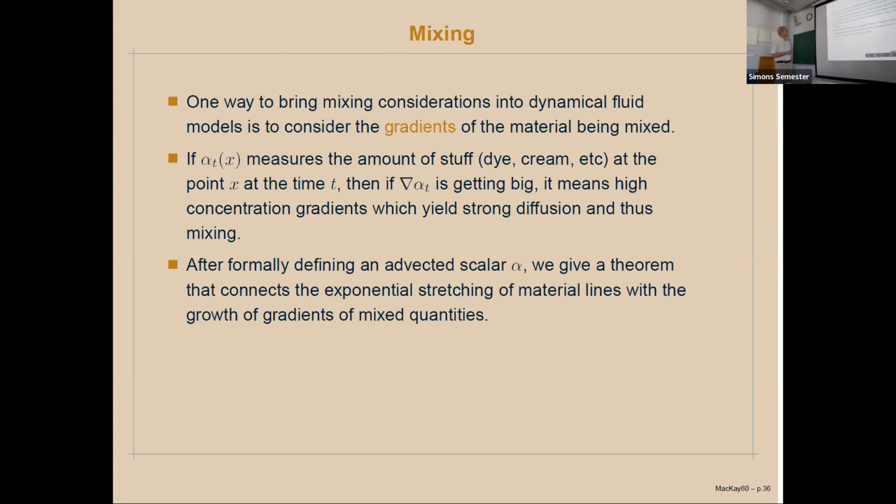All right, so as I said already, we consider the gradients of the material being mixed. So you stick some stuff in there, like dye or cream or sugar and chocolate that you're making. And alpha of t is a real valued function, which is measuring the density function of the stuff you've put in there.